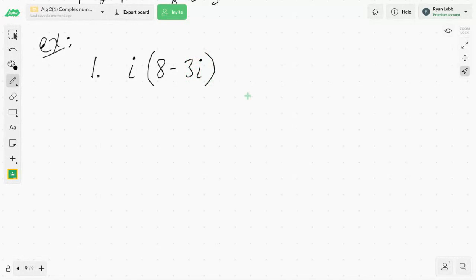What's i times 8 minus 3i? We're going to distribute. i times 8 equals 8i. So in this case, all we're really doing is distributing. Then i times 3i.